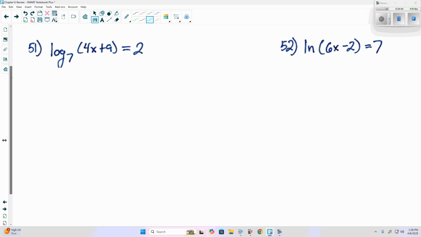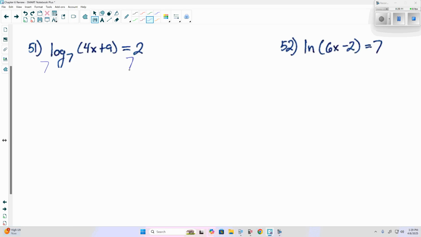51, why don't we look at it first? Log base 7 of 4x plus 9 equals 2. We do have one term on either side, log on one side, number on the other. So that means we can put both sides to the base 7 to get the variable out of the log.